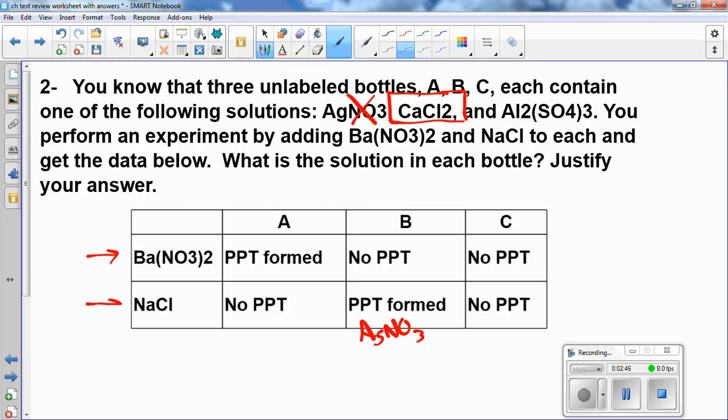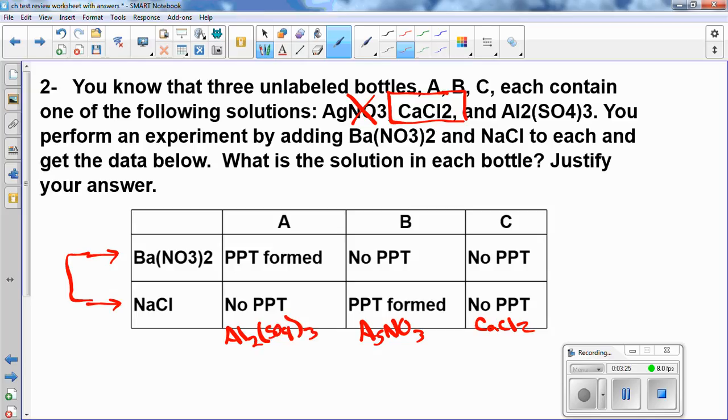So you should notice calcium chloride wouldn't form a precipitate with NaCl because it already has a Cl on the end, and so that is essentially nothing. And then barium chloride, the Cl ion, does not form a precipitate with that. So that would tell you that this one must be CaCl2 because it doesn't form a precipitate with either one of these two things.